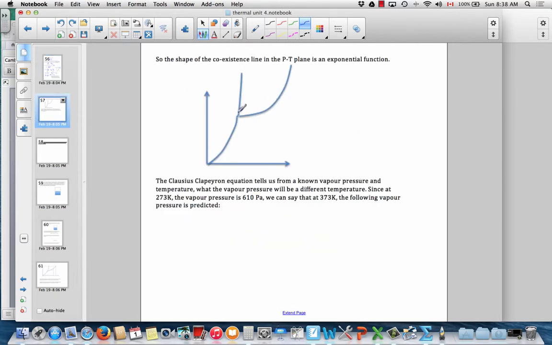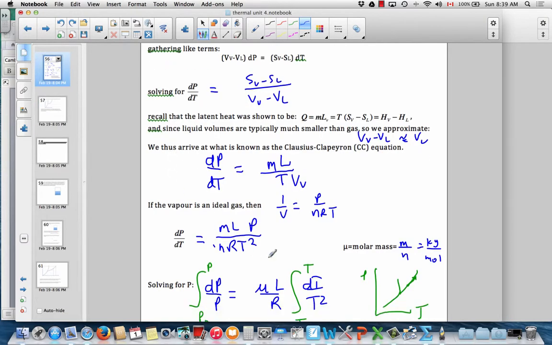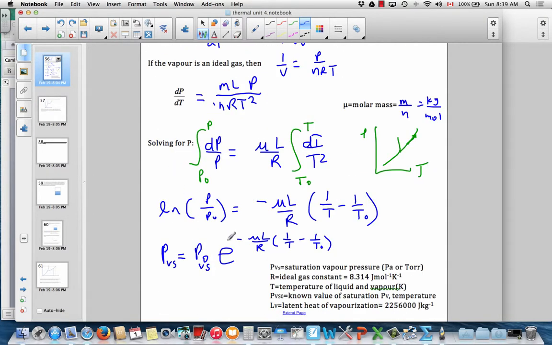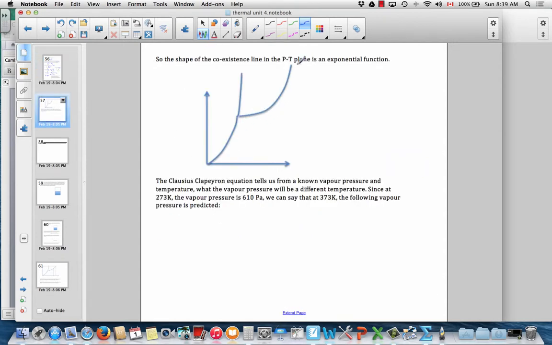So, the shape of this curve, then, we've shown is an exponential function. Here we have it here. It's pressure naught times e to the minus constant times 1 over temperature. So this is an exponential function. And what we're doing is we're starting off at some known point, and a good point that we'll use is the triple point right here. So that's 273 Kelvin.